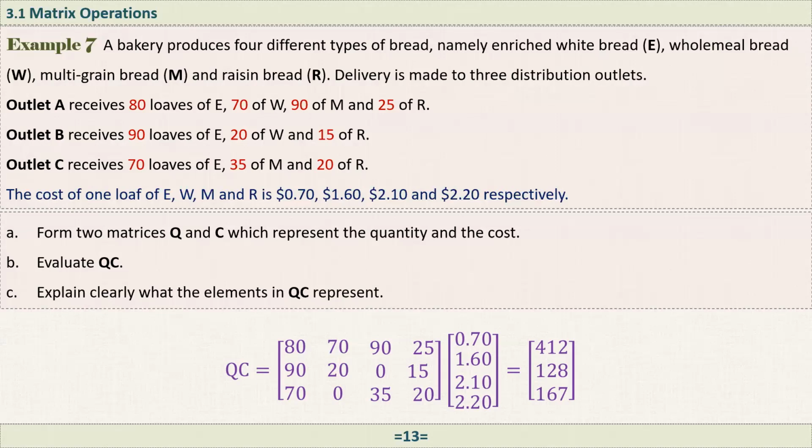Outlet A receives 80 loaves of E, 70 of W, 90 of M, and 25 of R. Outlet B receives 90 loaves of E, 20 of W, and 15 of R. Outlet C receives 70 loaves of E, 35 of M, and 20 of R. The cost of 1 loaf of E, W, M, and R is 0.70, 1.60, 2.10, and 2.20 respectively. Okay, this is a problem.